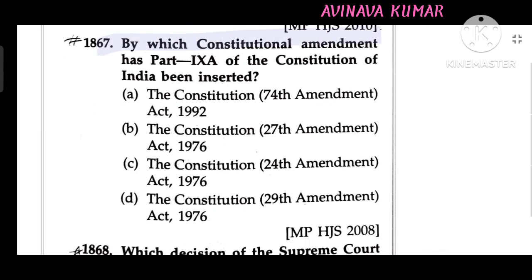By which constitutional amendment was Part IXA of the Constitution of India inserted? Answer: The Constitution 74th Amendment Act, 1992.